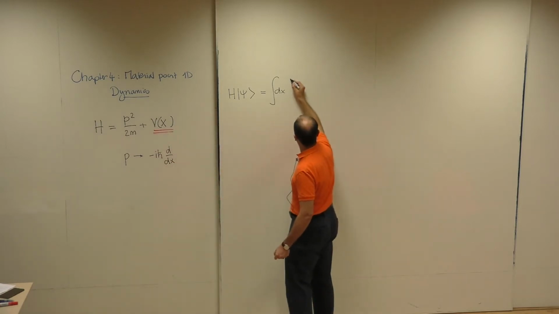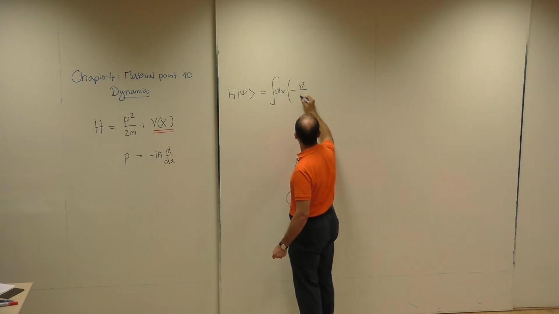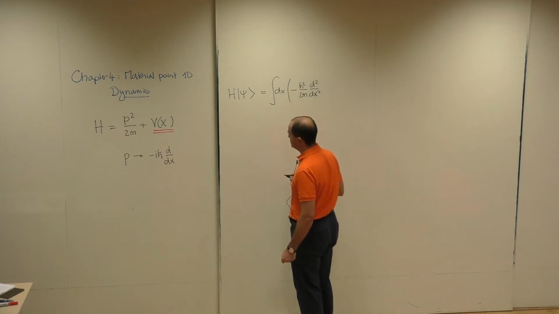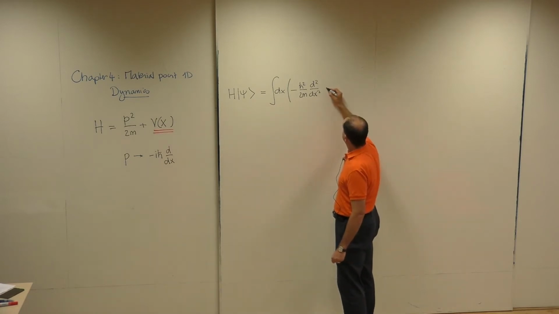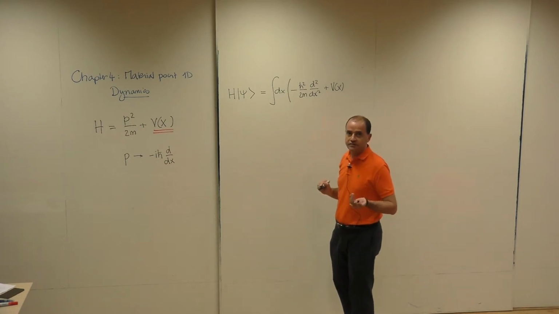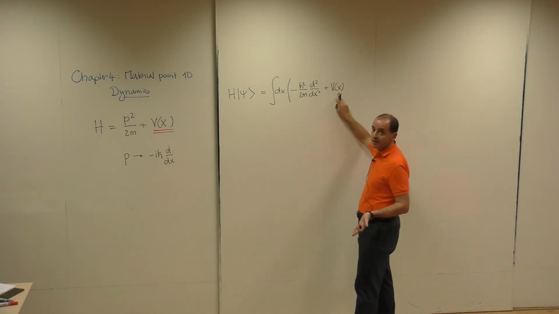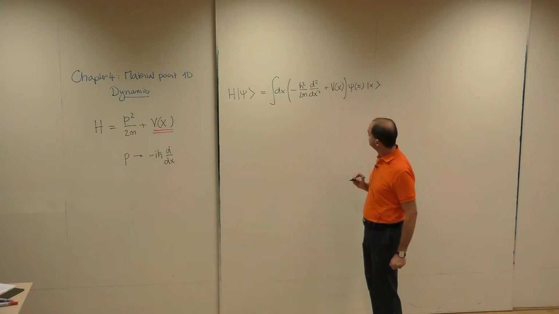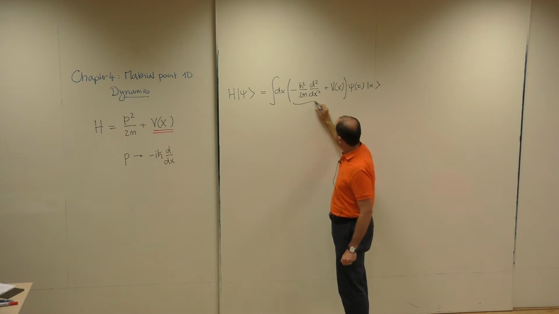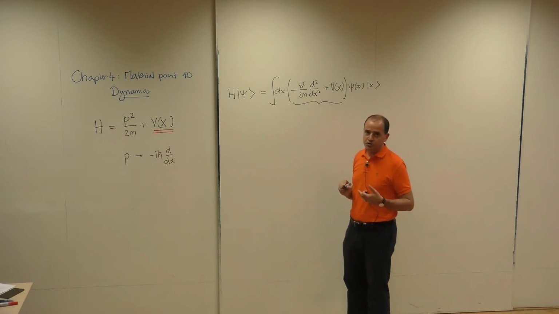So we will have the operator minus h bar squared over 2m d squared over dx squared. This minus comes from the i squared, minus i squared, and then plus V of x. This is a function of x, therefore, in position representation, it is just that particular function on the real number x. All these things act on the wave function. And so this operator is the Hamiltonian in position representation.